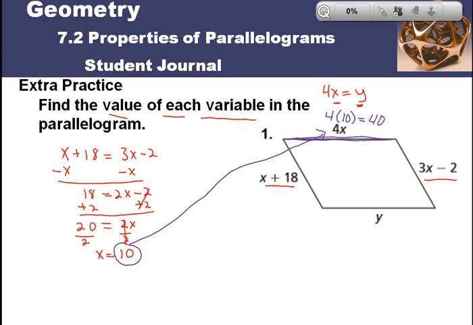So that means that y is also 40 units because these two sides are opposite. So y is also 40. So I got that x was 10 and y was 40. So I'm going to give you a second.